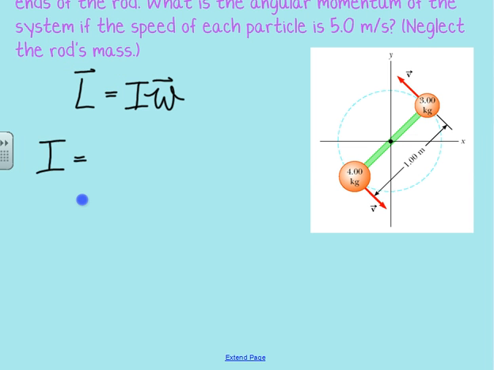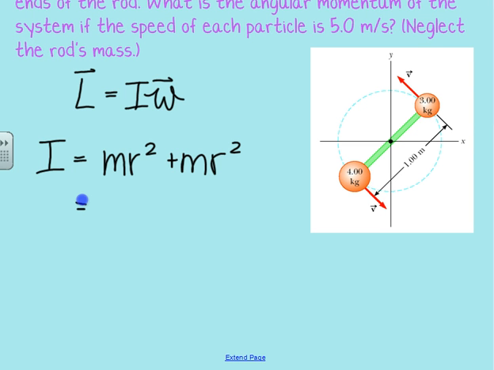We've done this once before, but in case you don't remember, we'll go through the calculations again. I, just like mass, can add. So we'll add the moments of inertia of these two particles. The problem specifically tells me to neglect the rod's mass so it does not have a moment of inertia. Particles have a moment of inertia equation of mr squared.